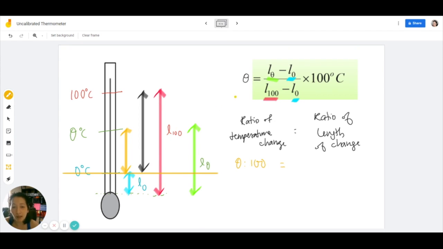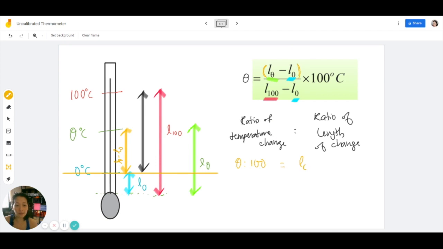So you see, this part of L theta minus L0 is actually this. L theta minus L0 would be this yellow color mark. This would be, let me write it here, L theta minus L0. That's how we get this equation on the top.